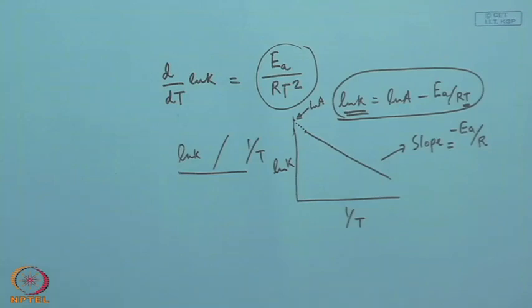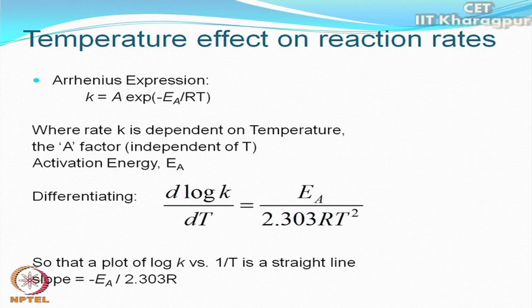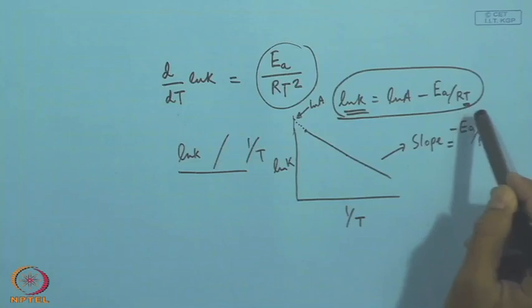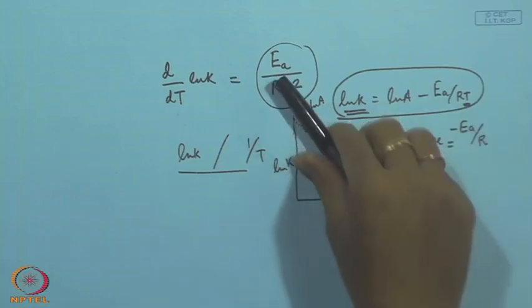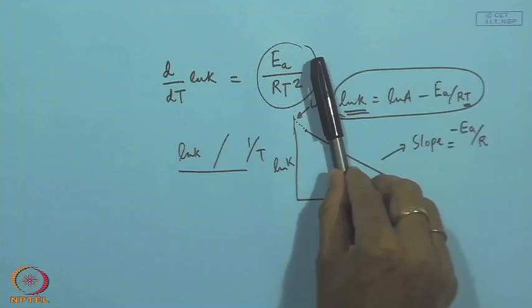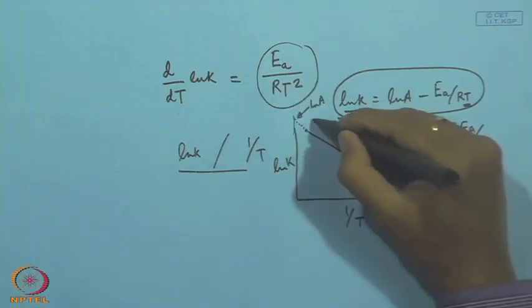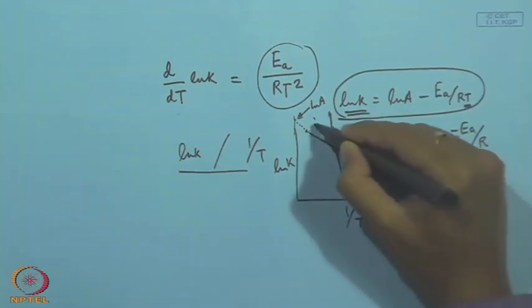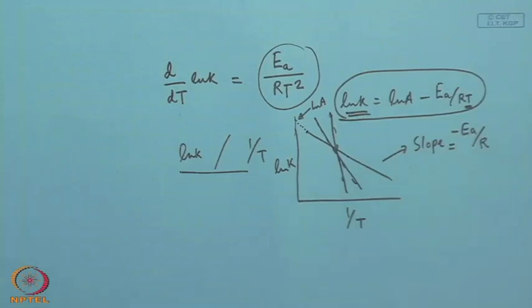So, from this introduction it is clear that if you change the temperature, it changes the rate constant significantly, but whether it will be significant or insignificant is determined by the slope. That means it is determined by the activation energy. When the activation energy is high, your slope will be steeper, like this. Okay. So, a steeper slope when Ea is more.